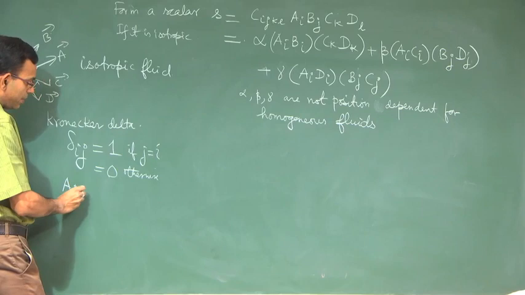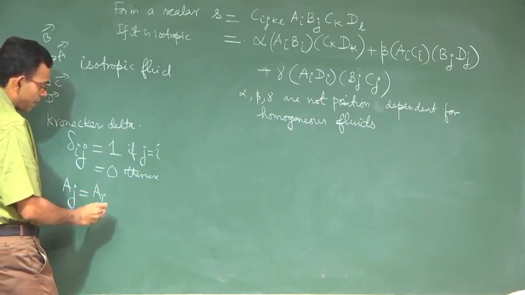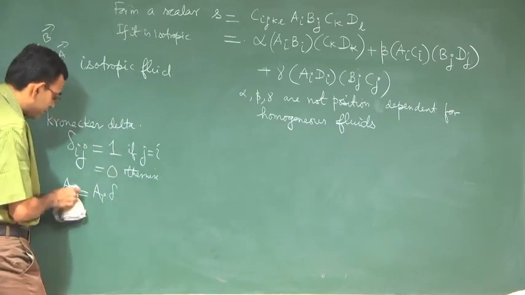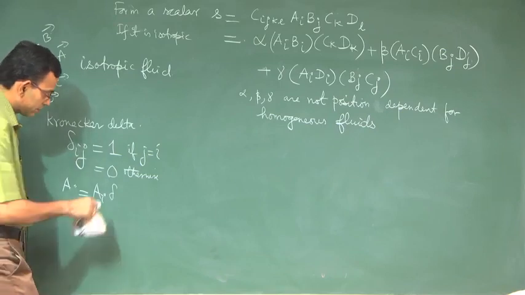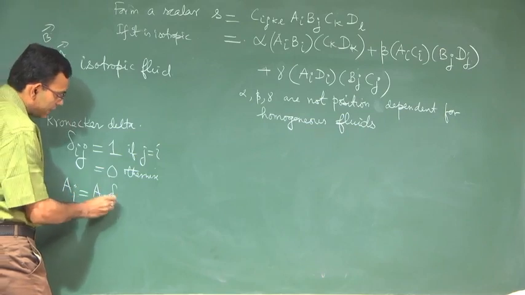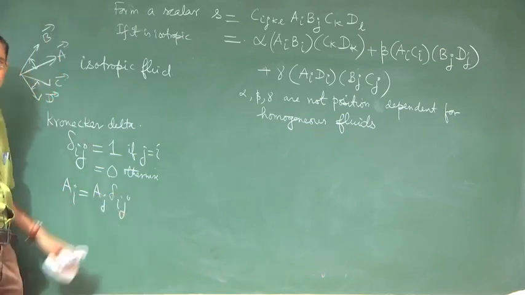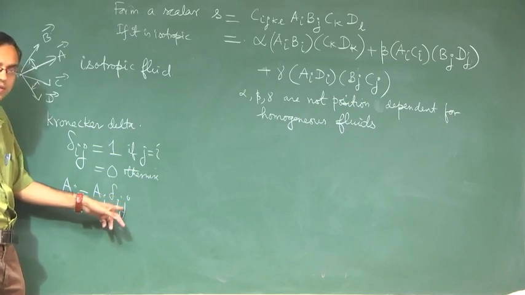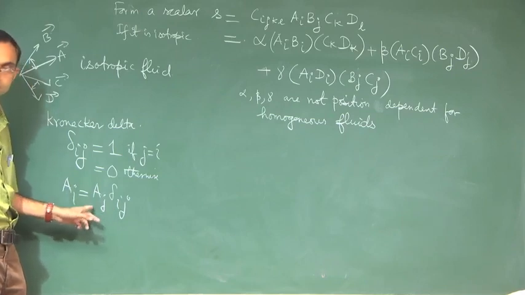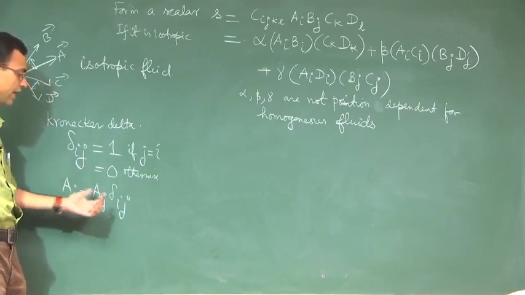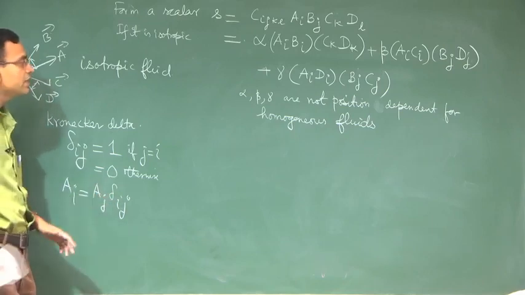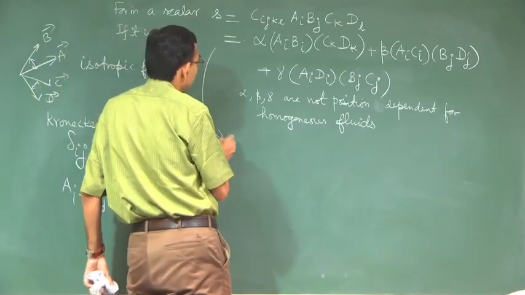So, you can write for example Ai is equal to Aj into delta ij, because delta ij is 1 only when j is equal to i. So, when j is equal to i, this j will become i. So, you can switch from i to j, or from j to i, by multiplying with this.